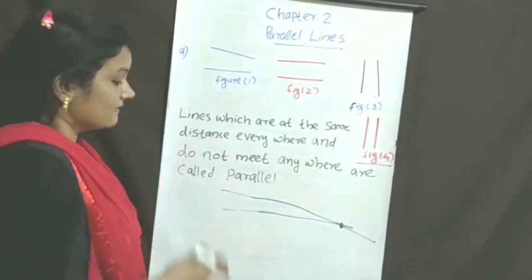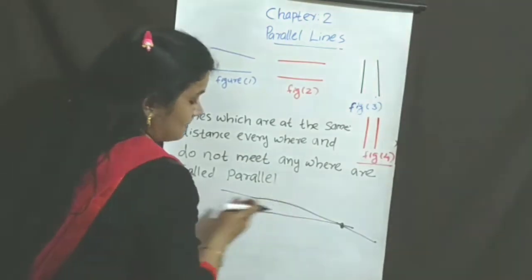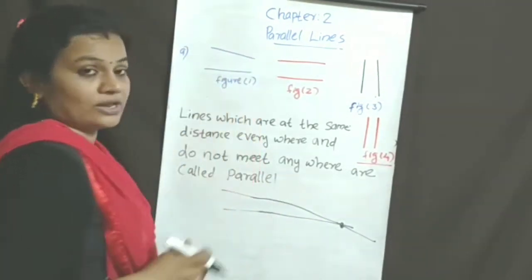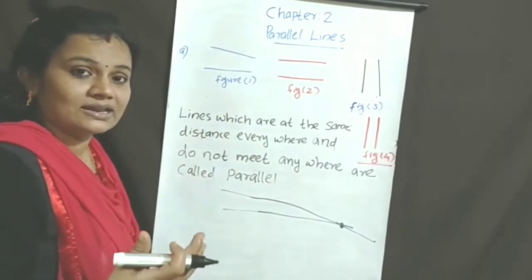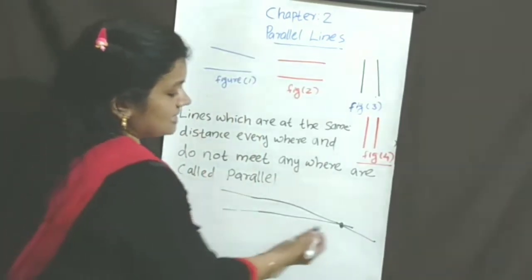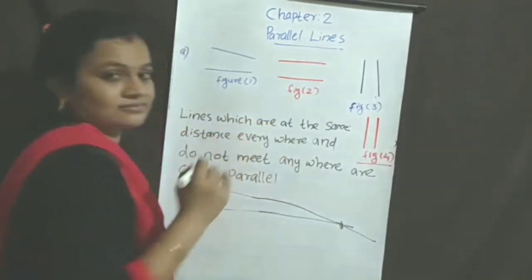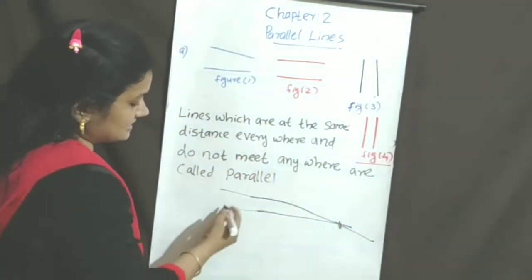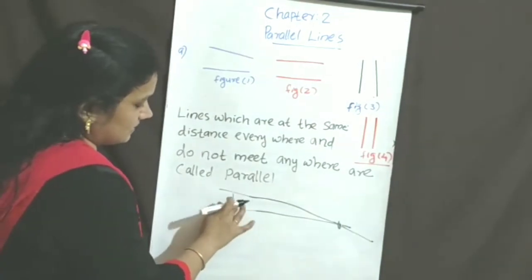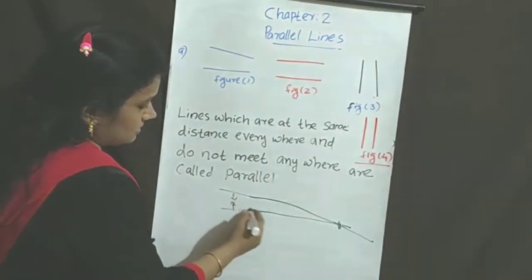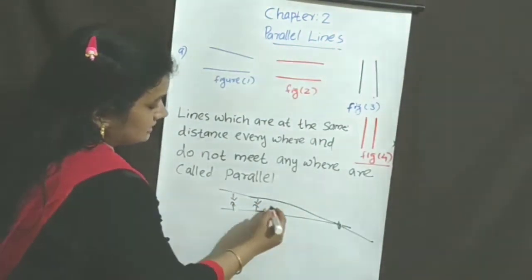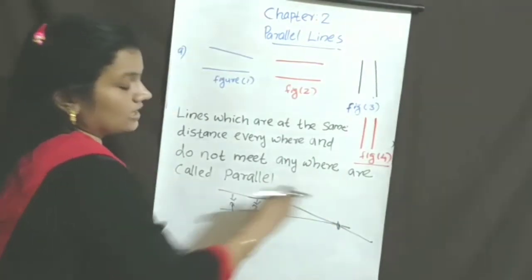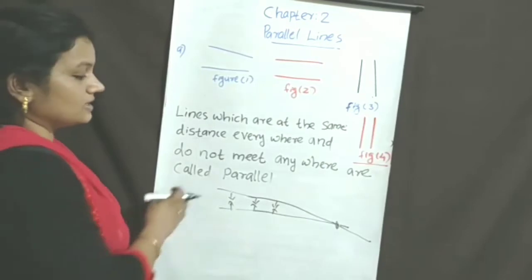What if we extend this end point? You just imagine we are extending these end points. What happened? It will meet at a point. Then you check the distance. Is the distance increasing or decreasing?